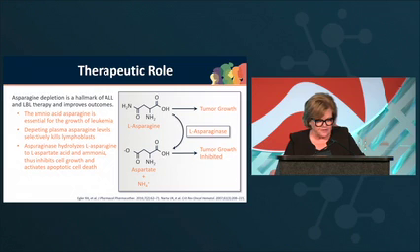So the asparaginase will actually hydrolyze the asparagine to aspartic acid and ammonia. Thus, it inhibits cell growth and activates cell death. So we're really blocking the uptake of asparagine by the leukemia cell, promoting cell death.